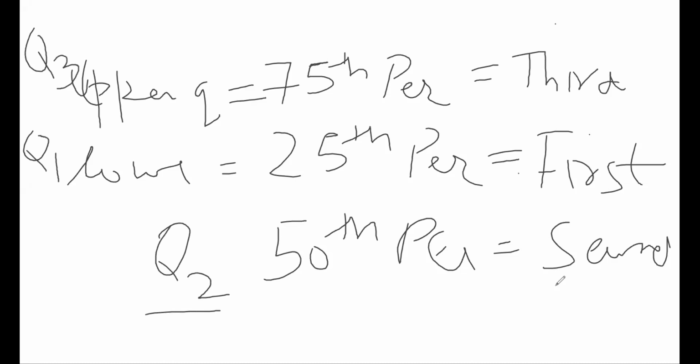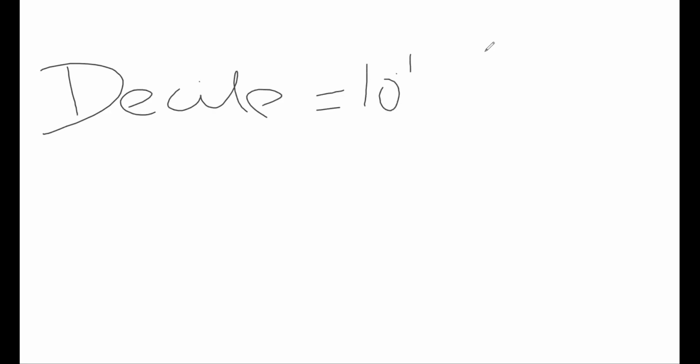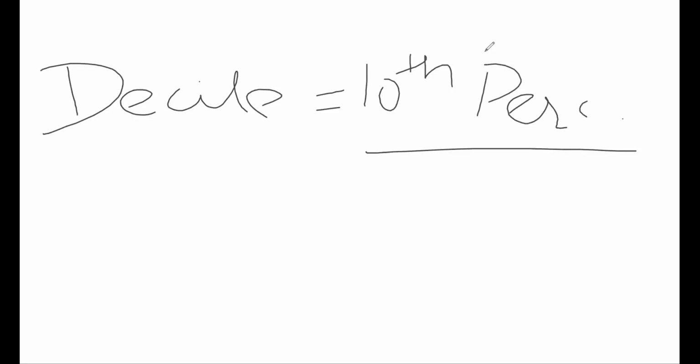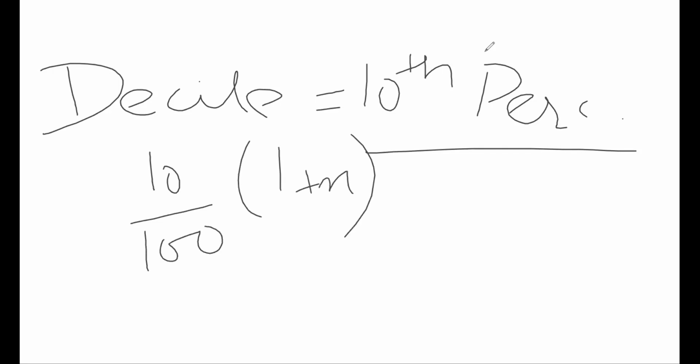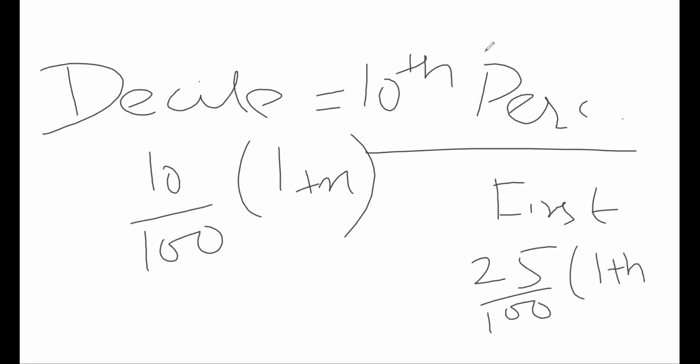One more thing: if someone tells us to find the decile, meaning the 10th percentile, we calculate 10 divided by 100 times (1 plus n). If someone asks for the first quartile, it would be 25 divided by 100 times (1 plus n).